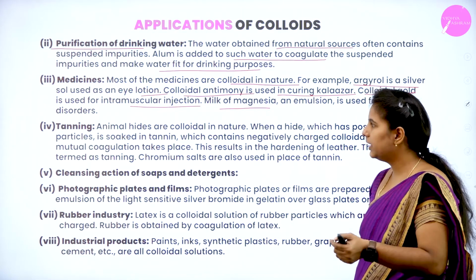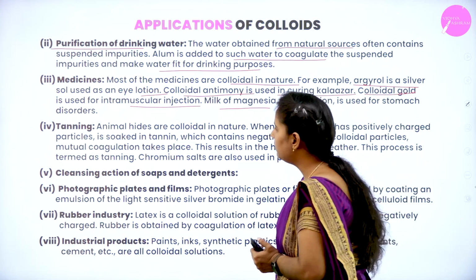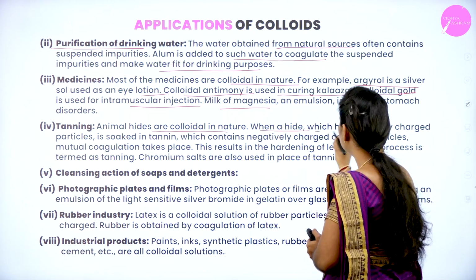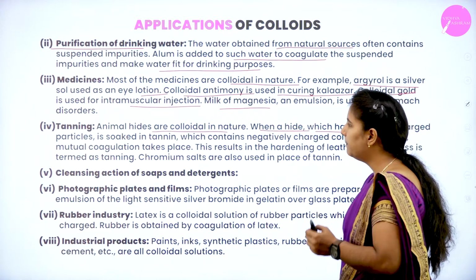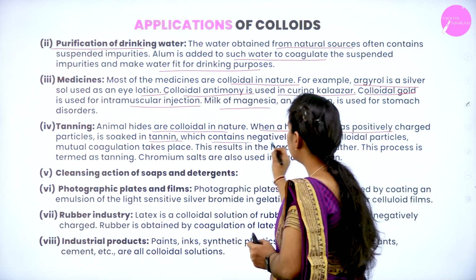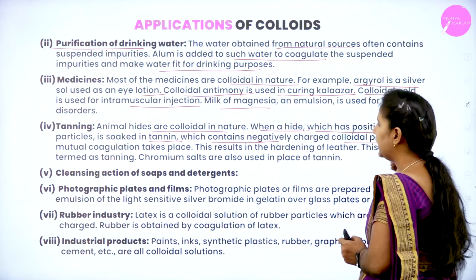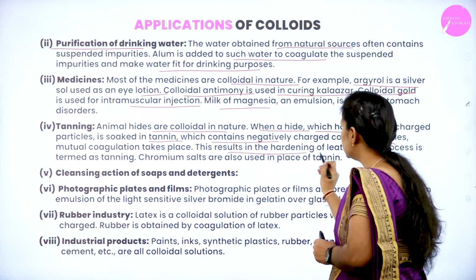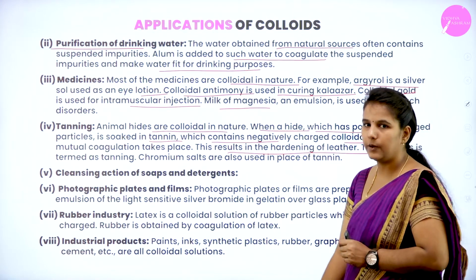And the next one is tanning. Animal hides are colloidal in nature. When the hides, which have positively charged particles, are soaked in tannin, which consists of negatively charged colloidal particles, mutual coagulation takes place, resulting in hardening of leather.